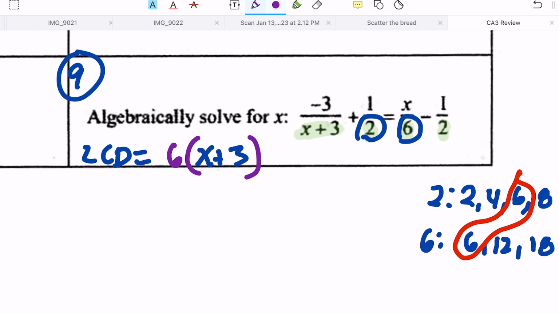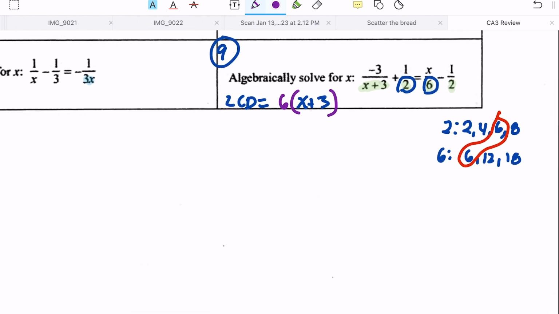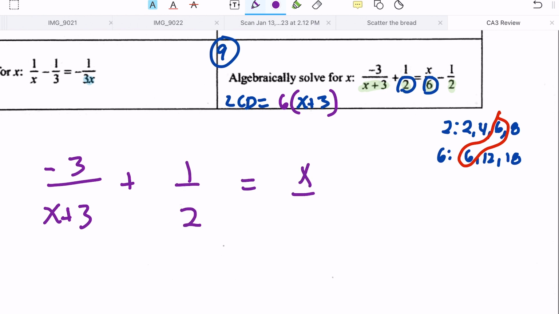Okay. Once we find that, we're going to put all the fractions together here: -3 over x plus 3 plus 1 over 2 equals x over 6 minus 1 over 2. So we look at what's missing.